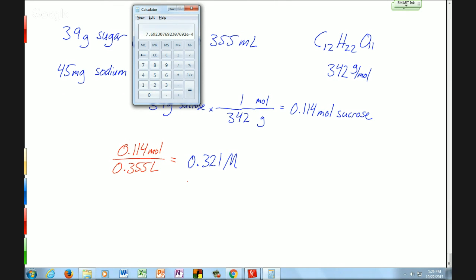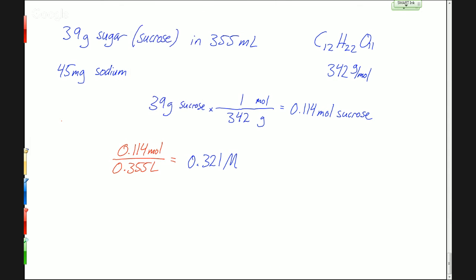Is that 7.69 times 10 to the minus 4? Oh, that's not right, because that's not sodium chloride. Anyway, that's a small amount, but it'll contribute a little bit to this concentration. And there's not really much else in here.